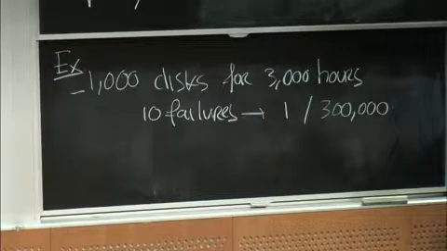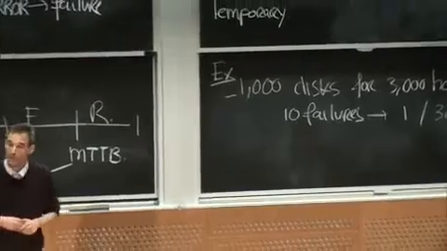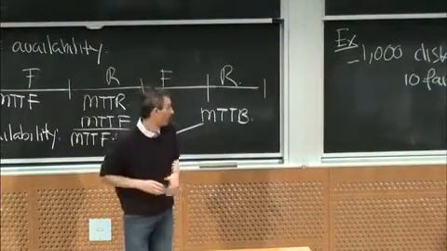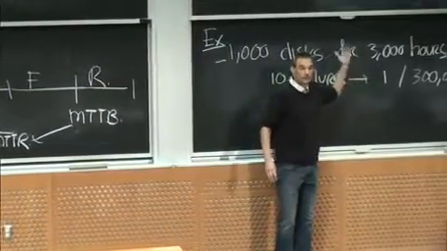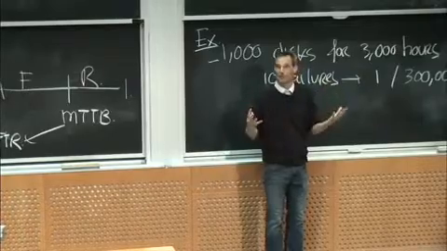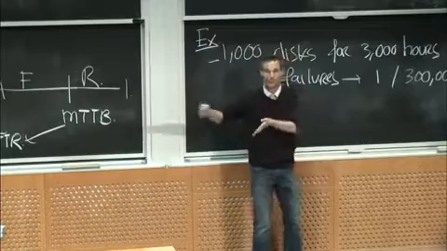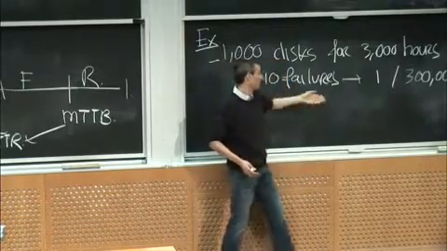Now let's just assume for a second that I run these 1,000 disks again for another 3,000 hours. If this process is memoryless, correct, I don't know whether it was the first batch of 3,000 hours, the second or the third, then I should observe again 10 disk failures on average. So I still have the same failure rate.